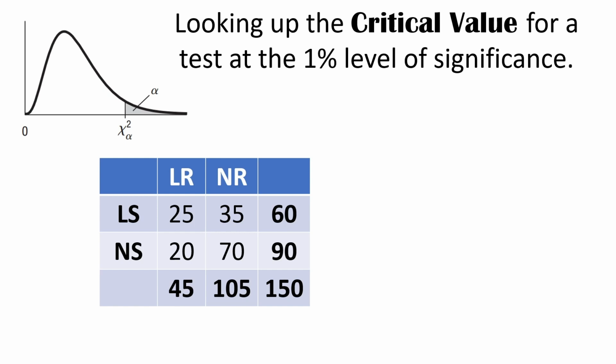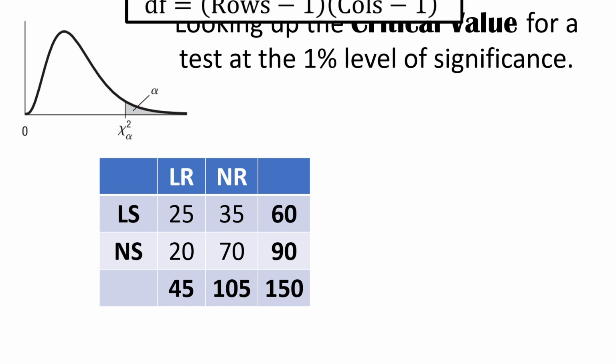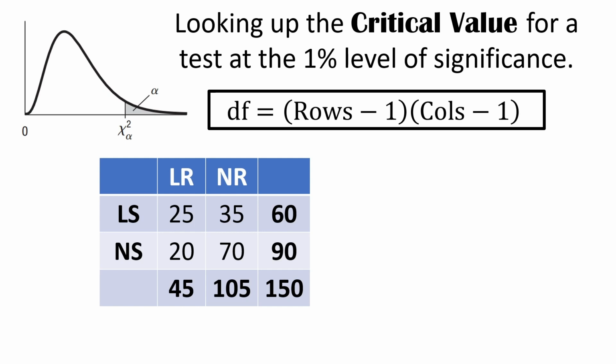Now, the good news is, just like the homogeneity test, where you were given a contingency table, here too, you're given a contingency table, and so the degrees of freedom is calculated in the same way. It's just the number of rows minus 1 times the number of columns minus 1. The only thing you have to remember is that when you're given the table like you're seeing here, where the marginal totals are filled in, when you count rows and columns, you're ignoring those margins.